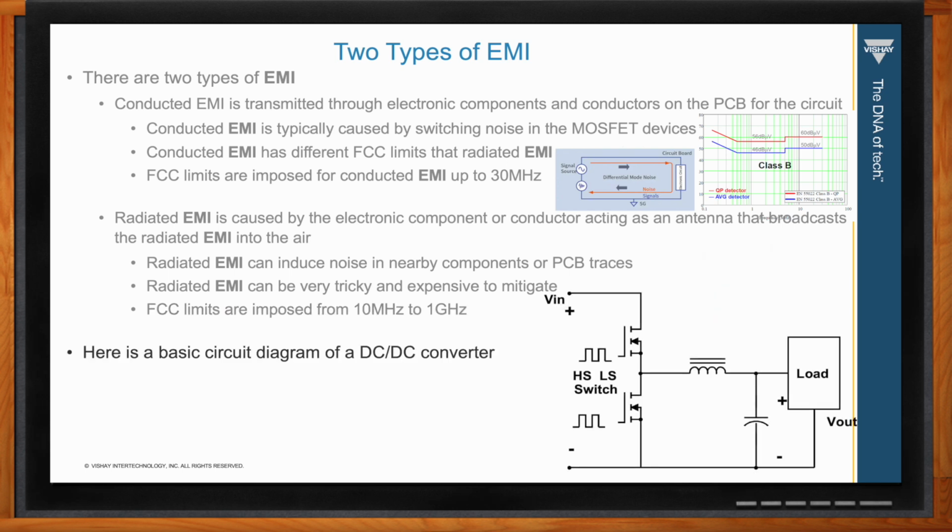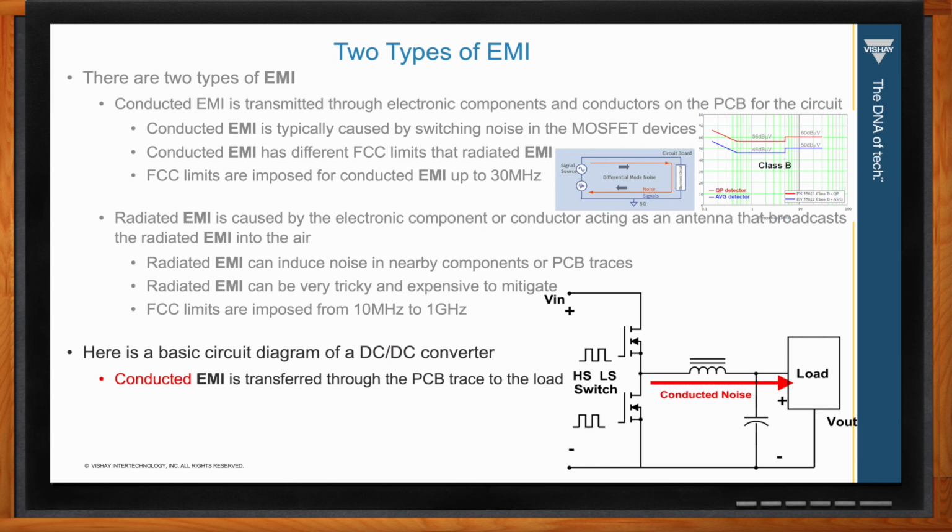So here's a basic circuit diagram of a DC to DC converter. And you can see the two switches there, and they switch on and off and create the DC to DC converter voltage change so that that can be regulated and controlled for the load. So those switches, as they go on and off, can cause the conducted noise in the line, and it can be transferred directly to the load.